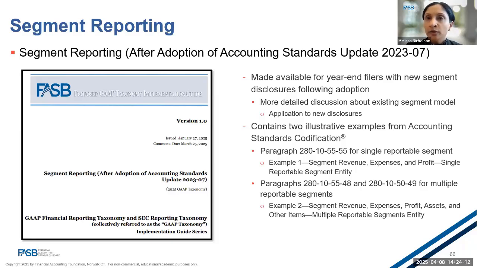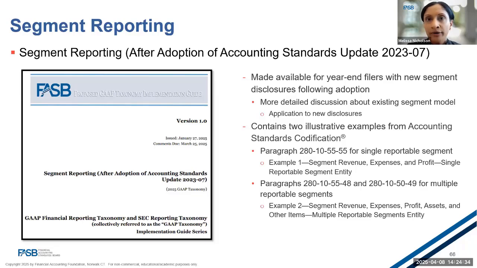And the new guide includes 2 illustrative examples that were taken from the codification, the illustrative examples in section 25 that were updated in topic 280. The first is for the single reportable segment entity, and the second is for segment disclosures for an entity with multiple reportable segments. Next slide.